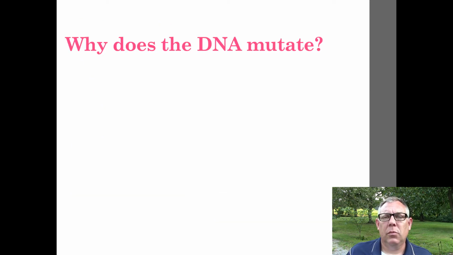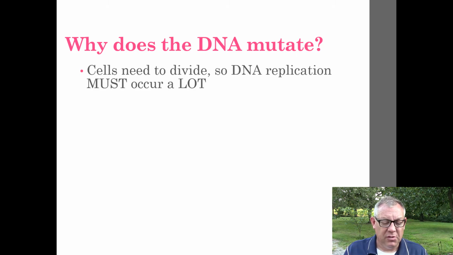Okay, so why does the DNA mutate? We showed one way that it can mutate. There are all kinds of ways it can mutate, but why? Why do you have these mutations? There are lots of ways to answer this question, and a broad way to answer it is, cells need to divide.